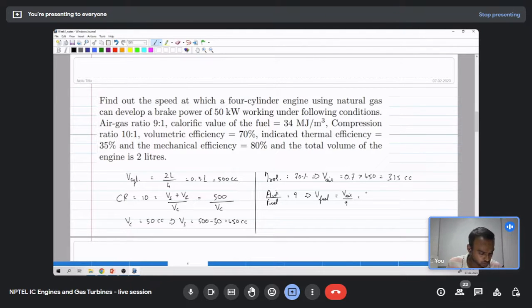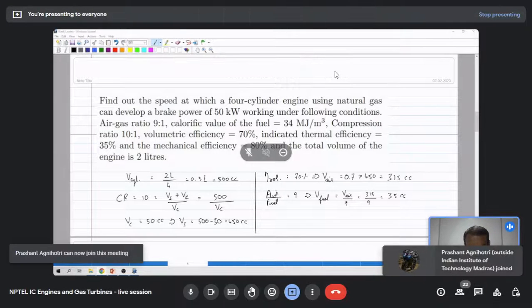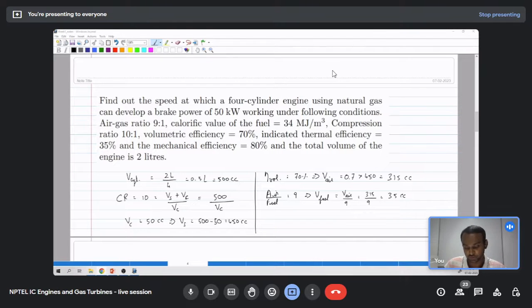So that is 315 divided by 9, which is 35 cc. So for every engine cycle, 35 cc of fuel is given.